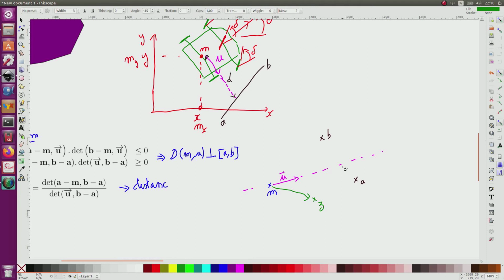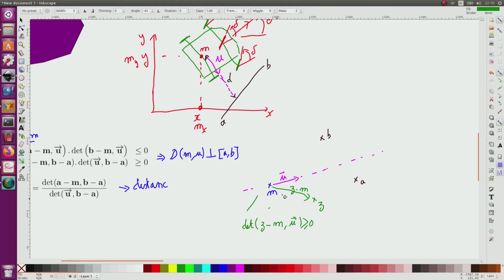So if I write this, I obtain that the determinant of Z minus M, here it is Z minus M, this vector, with U is greater than 0.